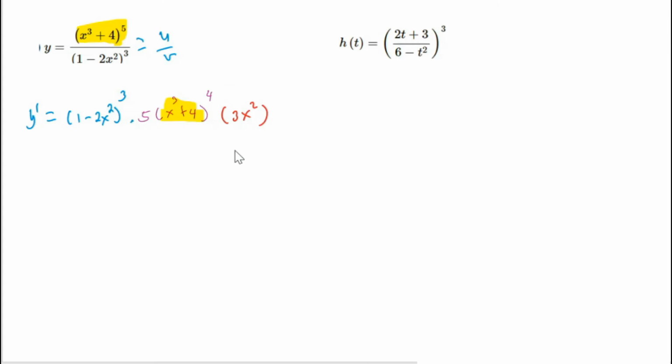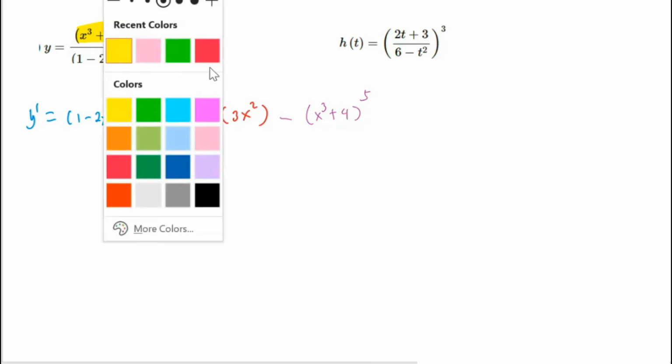So the second term now is u dv. I'll write here minus, copy the u, which is the quantity of x cubed plus 4 to the power of 5. That is our u, times dv. So we are now taking the derivative of the denominator.